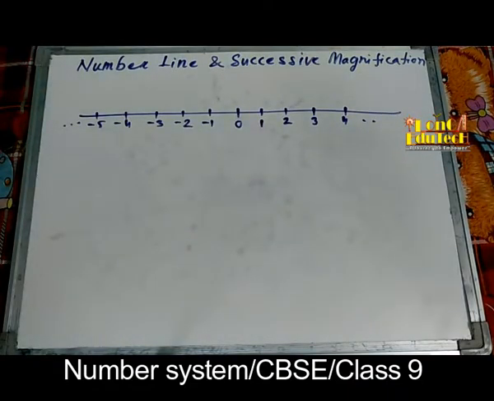What we are going to discuss today is how many rational numbers there are in between any two numbers. This is the question: how many?